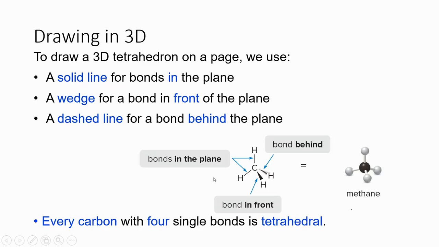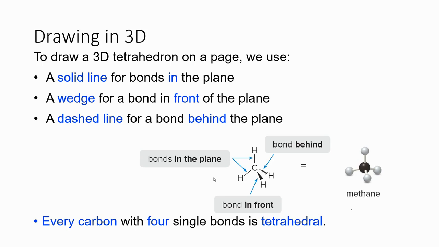Okay, I just wanted to point out, have you seen this kind of drawing before where they have this, which is called the wedge and the dash? Have you seen that? Okay, so what they're trying to show is, if you have a carbon, usually it's carbon, if you have an atom with 4 electron groups around it, then if you put 2 of them in the plane, then you have one that points out and one that points back.